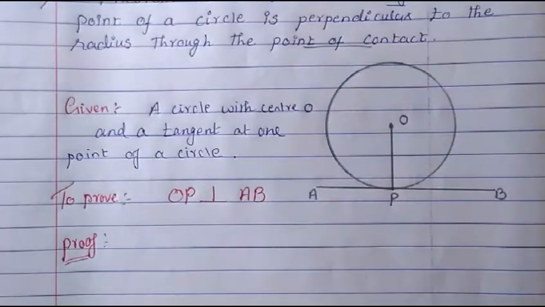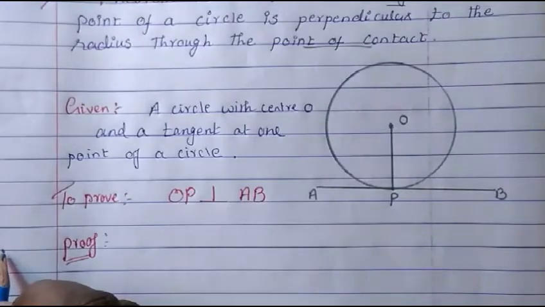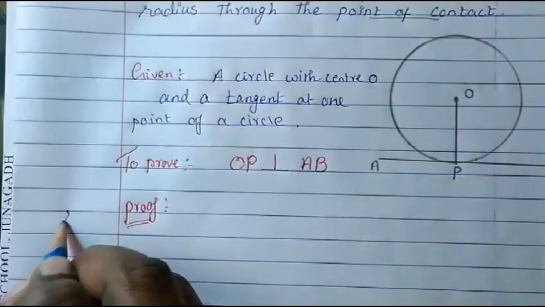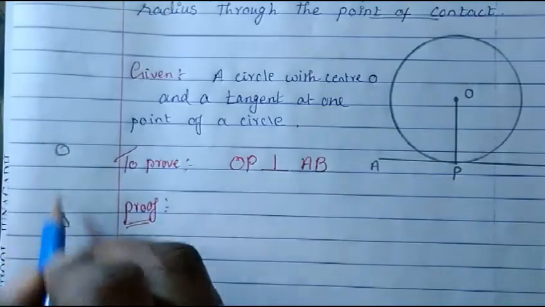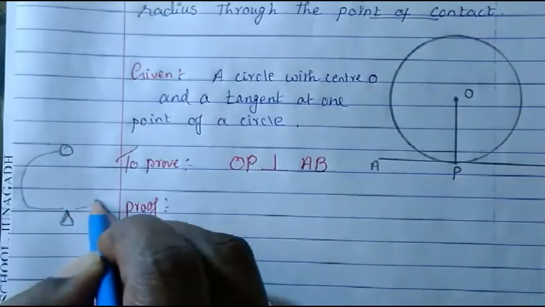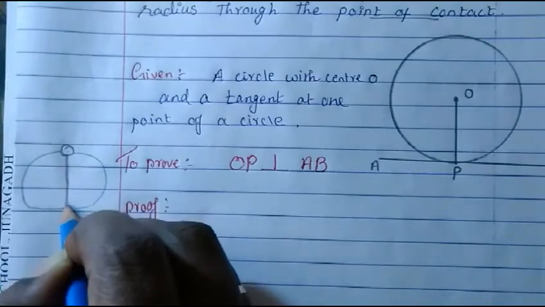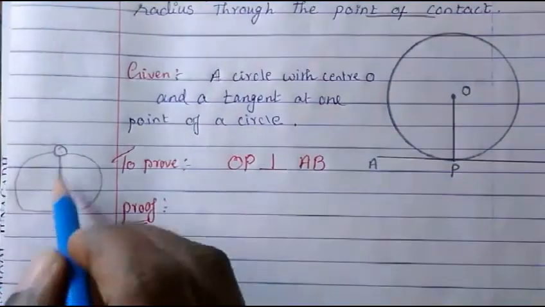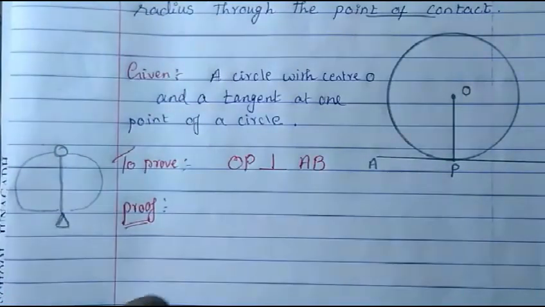Before that, we have to do some construction. For example, this is my home, and here is the playground. To go to the playground, we can go this way or that way, but if I go straight, that becomes the shortest distance. The line is the shortest distance when it is perpendicular.